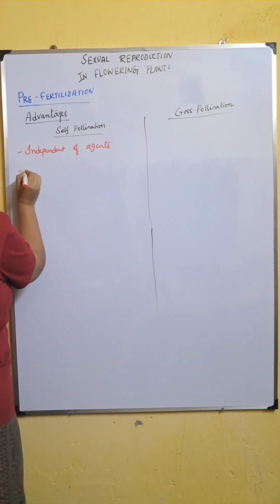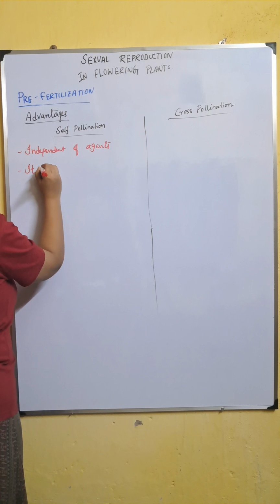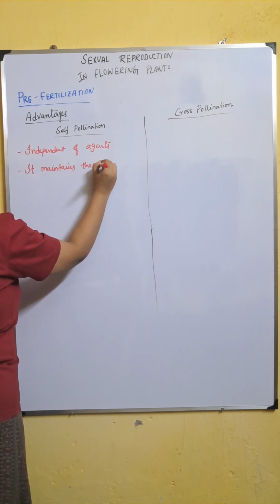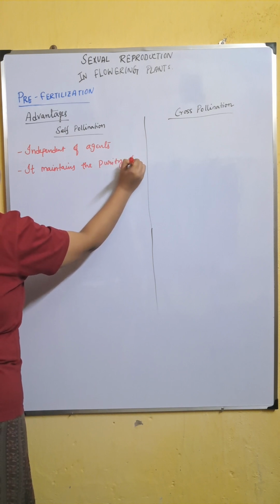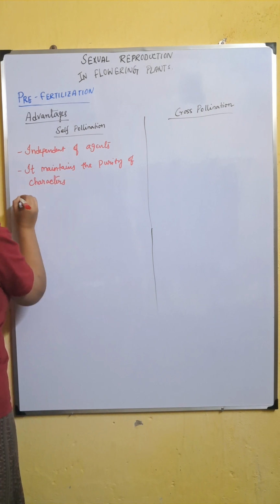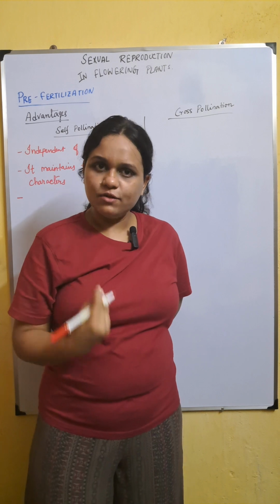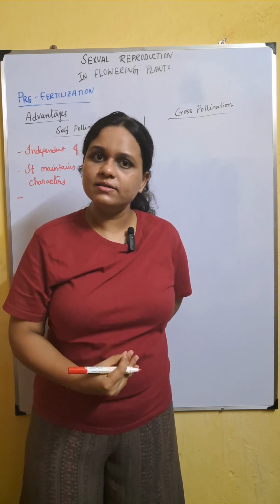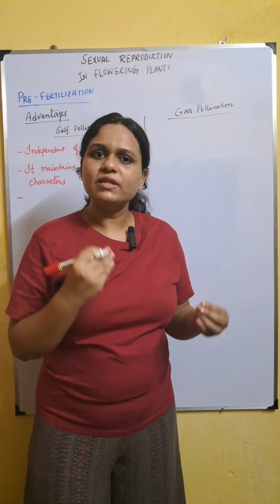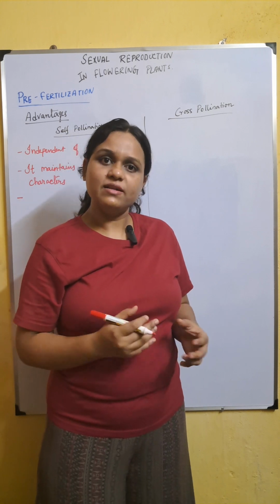So next, it maintains the purity of characters. As here the parental plants in self-pollination, the characteristics of the parents are completely transferred to the offspring. So there is no mix up of characteristics because there is no hybridization, there is no cross.